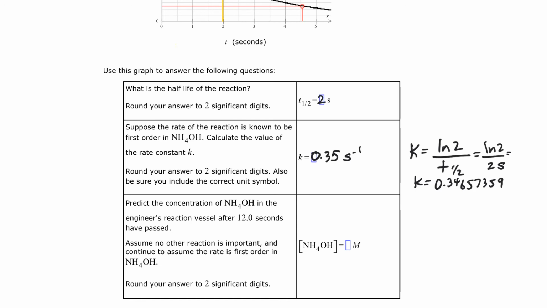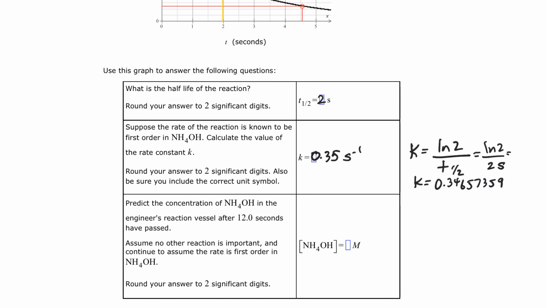Okay, so 2 will go into 12 6 times. That means it's 6 half-lives. So you're going to take 1.2, which is the original concentration, divide by 2 equals 6 times. And that'll work. Or you can simply realize that what you're doing is taking it 2 to the 6th power.